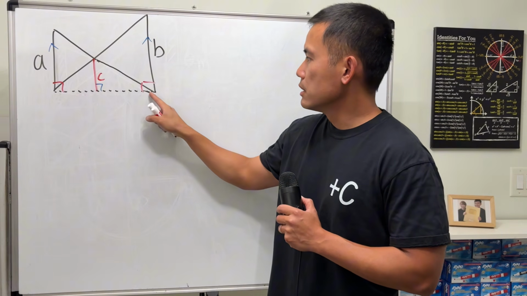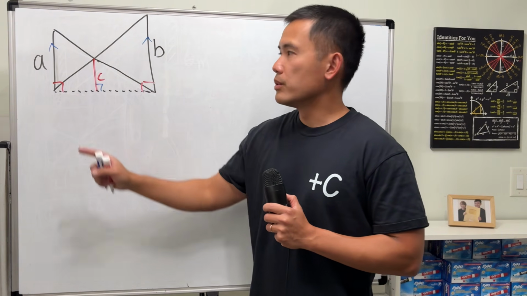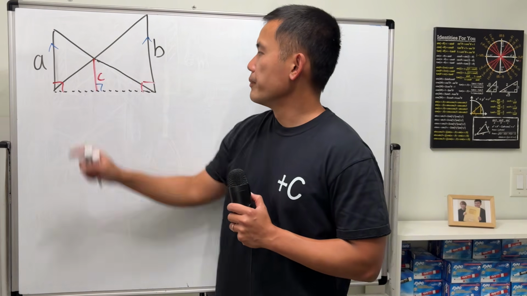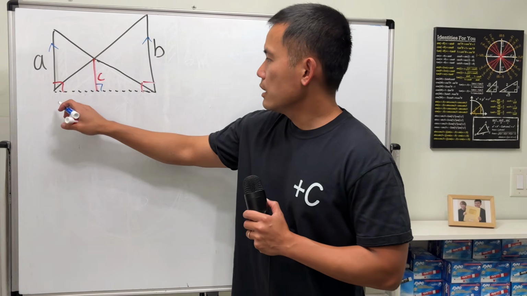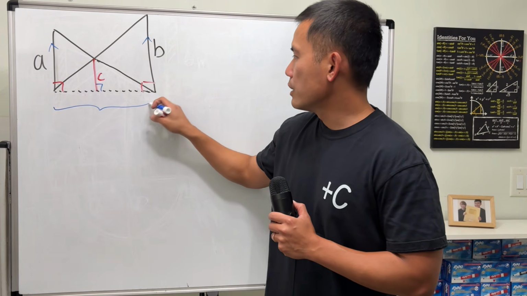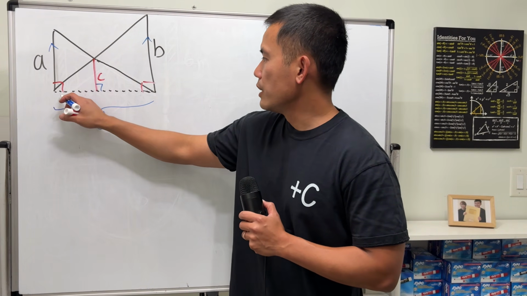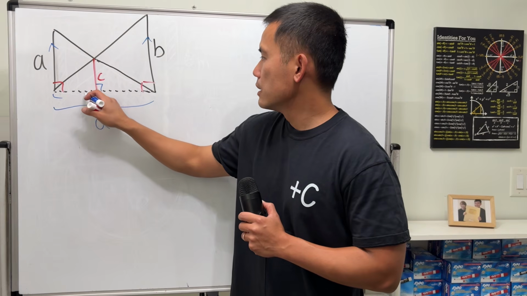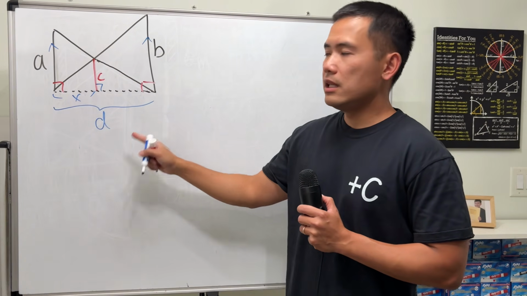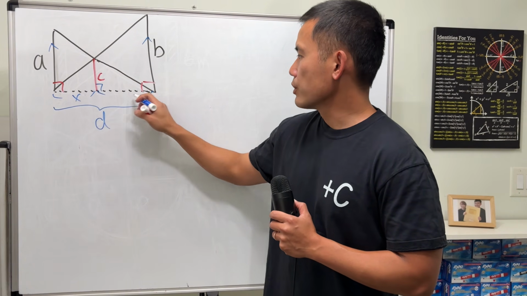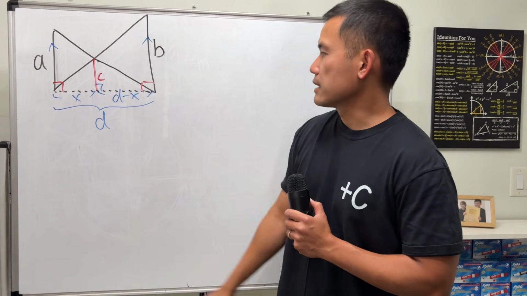So the key is this triangle is similar to the big one right here. Now let's say the whole distance from here to here is d, and I'm just going to call from here to here x. If the whole thing is d, that's x, and this right here is just going to be d minus x.